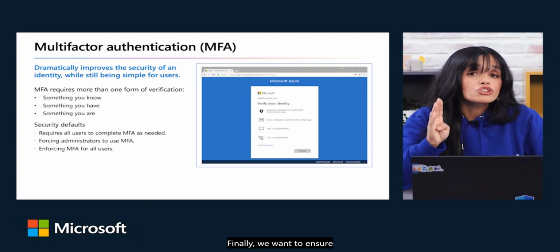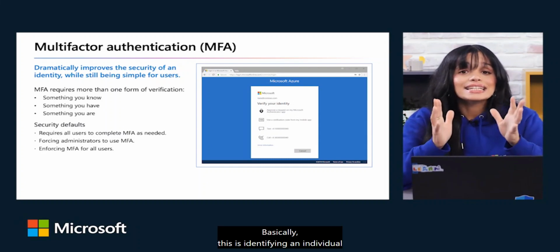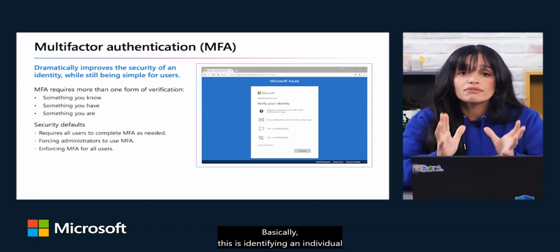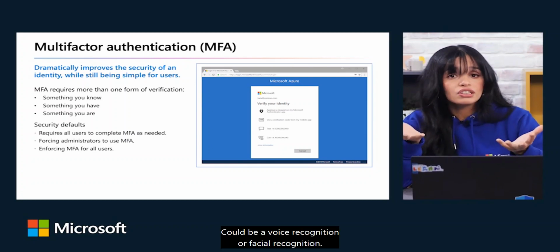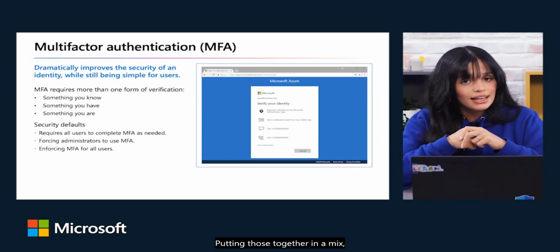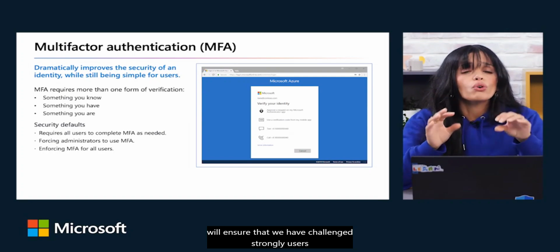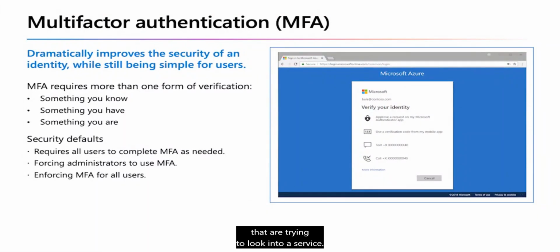Finally, we want to ensure that we have something that they are. Basically, this is identifying an individual using their biometrics, which could be voice recognition or facial recognition. So putting those together in a mix will ensure that we have strongly challenged users that are trying to log into a service.